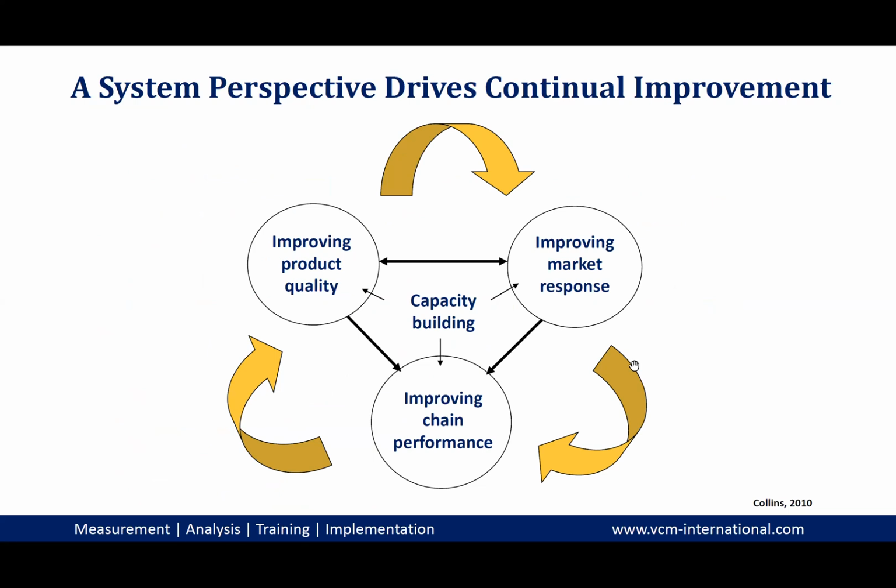But what does that mean in practice? Well, I look at it as a three-legged stool. Systemically, the businesses involved are looking to simultaneously improve the quality of their product, improve the capacity to respond to market demands, and improve value chain performance.